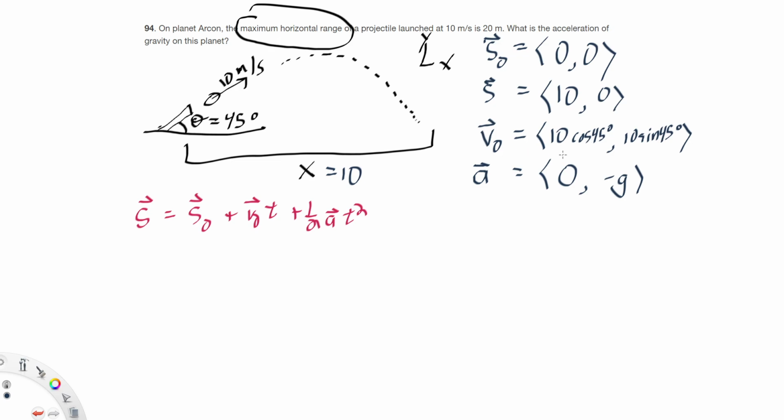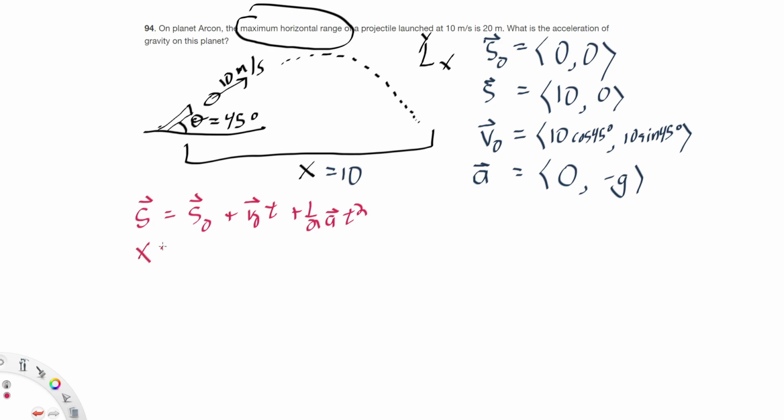Notice also that 10 cosine 45 is just a number. Like, it's going to be 5 square root of 2. And the same for 10 sine 45. It's going to be 5 square root of 2. So those are just numbers. All right. So let's take a look at the x and the y direction here.